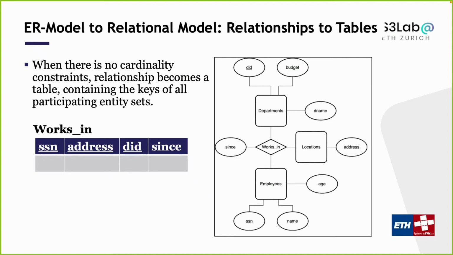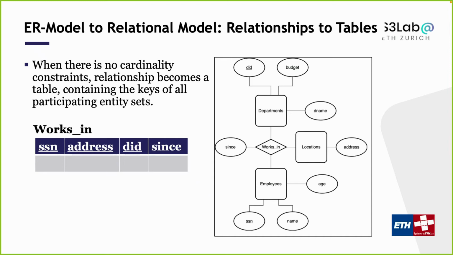Because in this ER diagram, I do not have a cardinality constraint. Every single employee, every single department, every single location can participate 0 to however many times they want to participate, right? So essentially, the instance I'm defining by this ER diagram can have all the possible triples among these 3 different entity sets, right? And that's translated into this primary key in the works in relation.